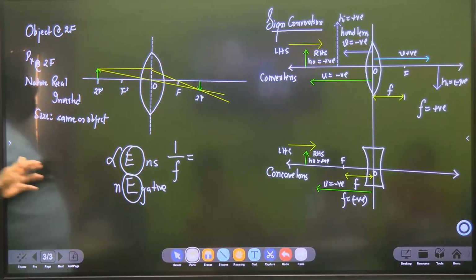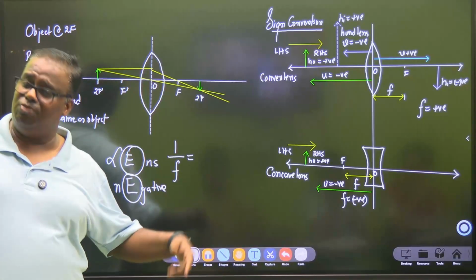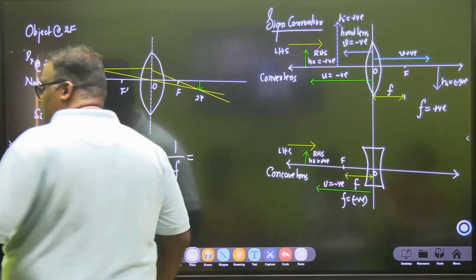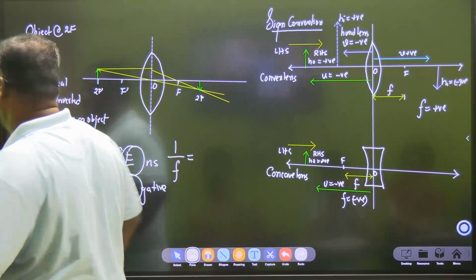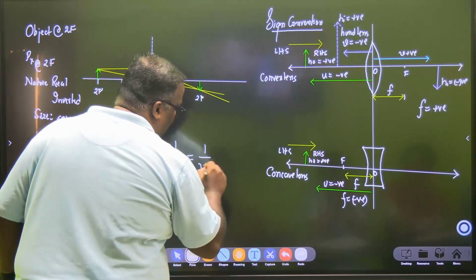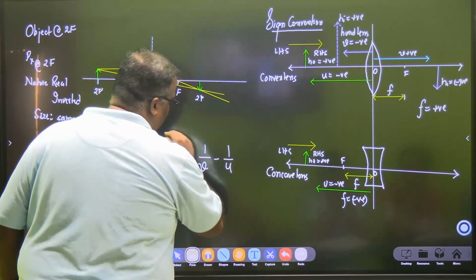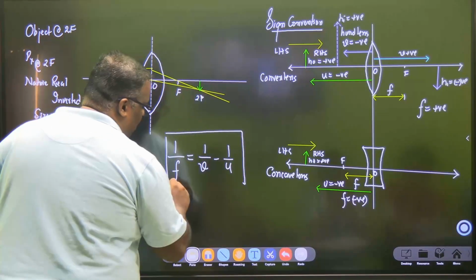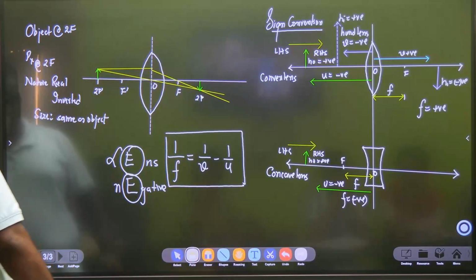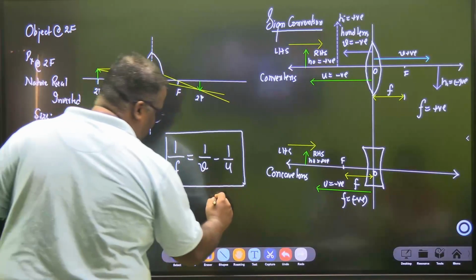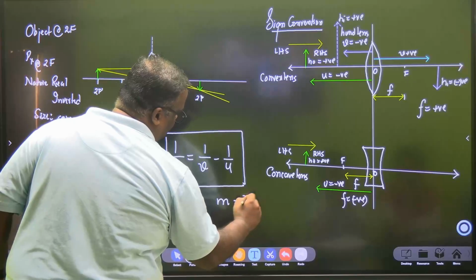In India, it is always VIP culture. V comes first, and V stands for image. So 1 upon V minus 1 upon U. This will be my lens formula, also known as the thin lens formula. And magnification here becomes V upon U.